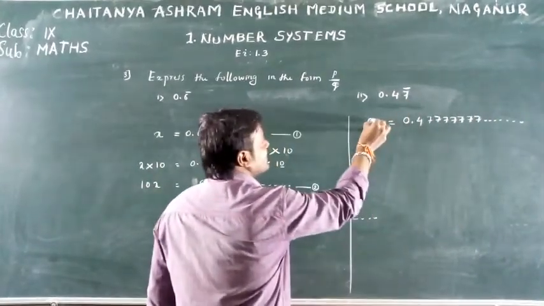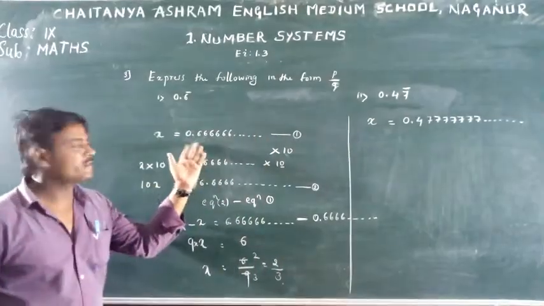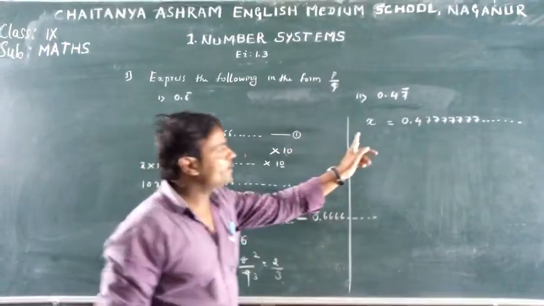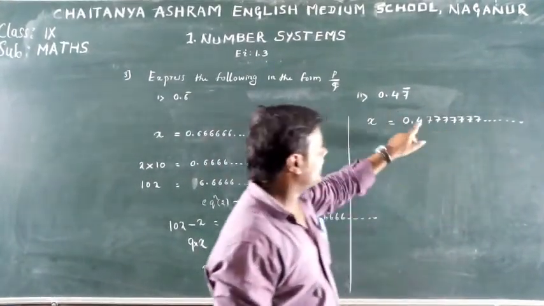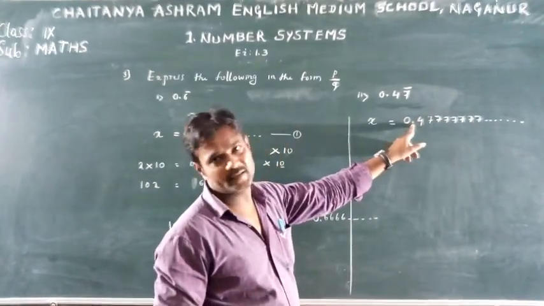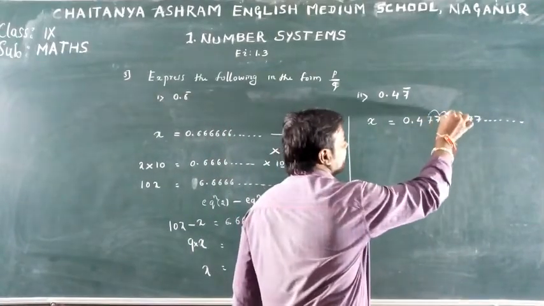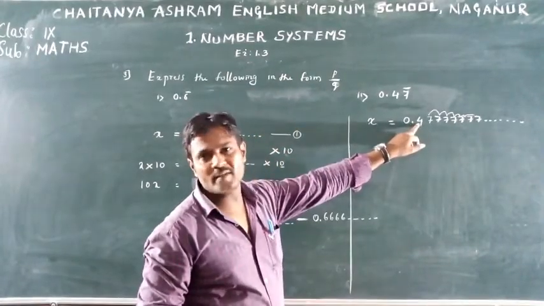So say that rational number is x. In the earlier case we named this as equation number 1. Here, don't do the same, because observe the decimal point is not in front of the repeating digit. Our repeating digit starts from 7. These are repeating digits; 4 is not repeating.